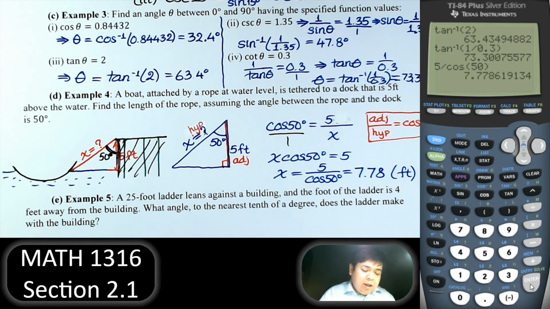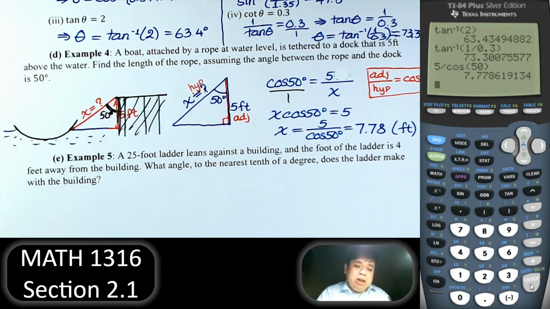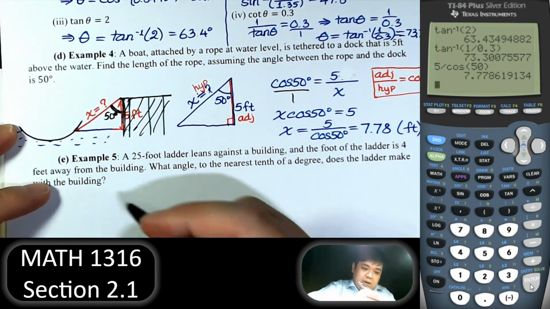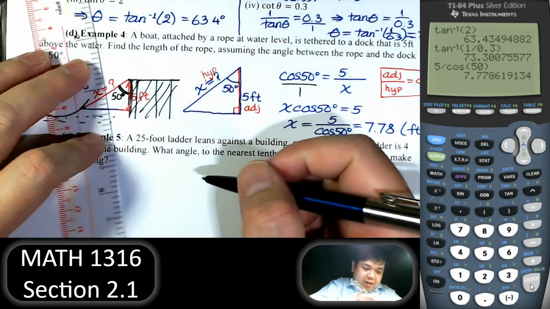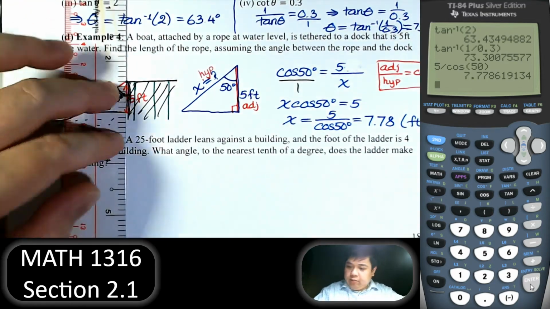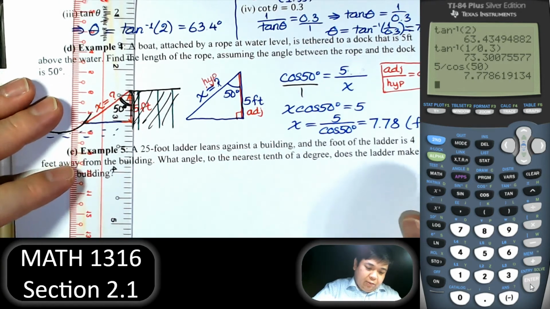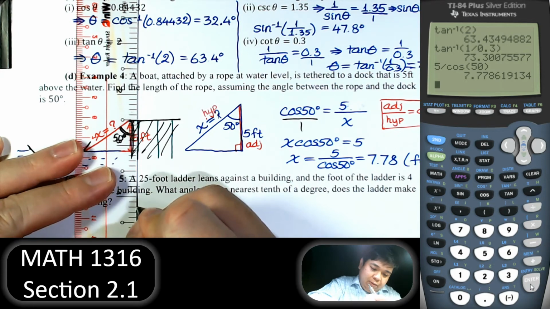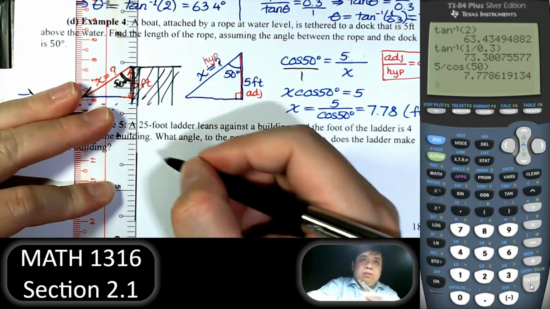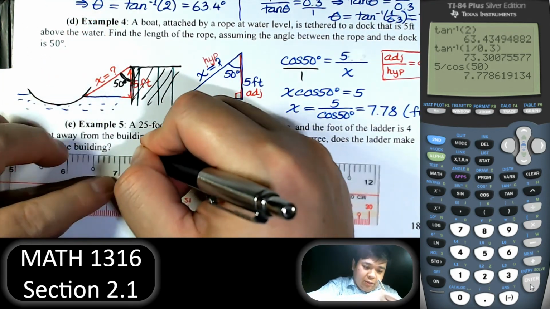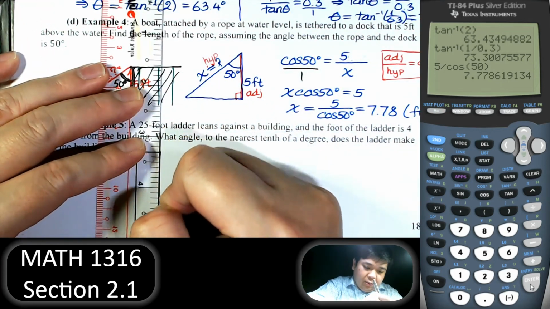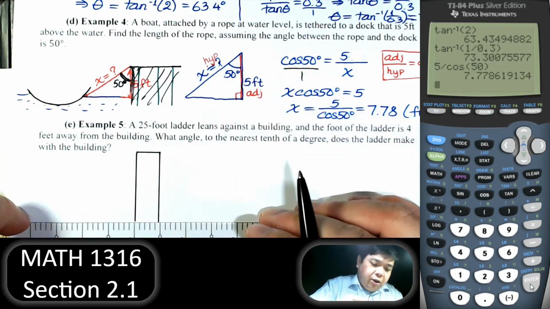That's simple enough. Right. Next, we have a building. A 20-foot ladder leans against a building. So let's say we have a building. Okay, ground level.